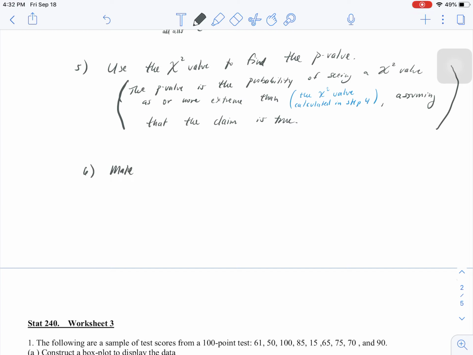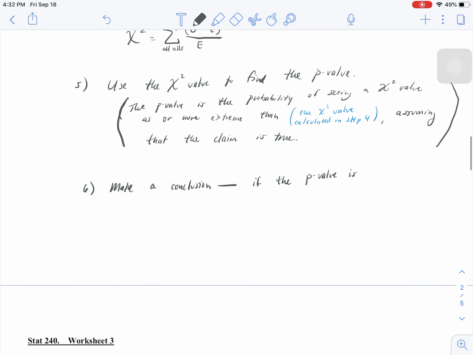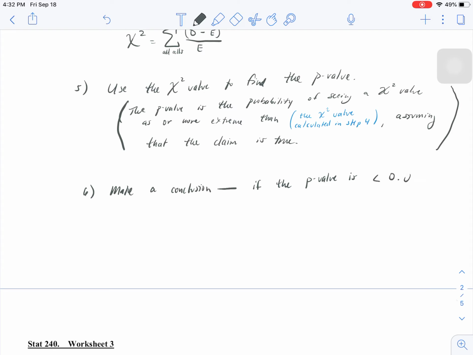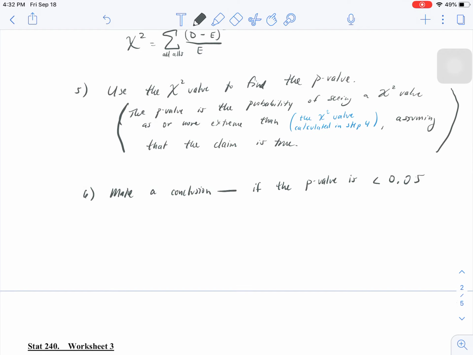We've reached the last step. So make a conclusion. If the p-value is really small, in statistics, a really small probability, in our case, is anything less than 0.05. This is our common threshold that we use in statistics. If our p-value is really small, then we should reject our claim.